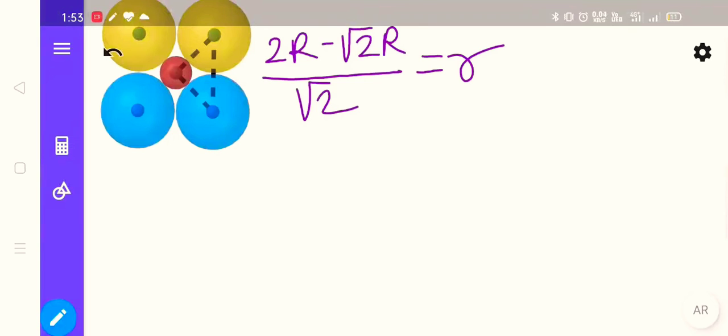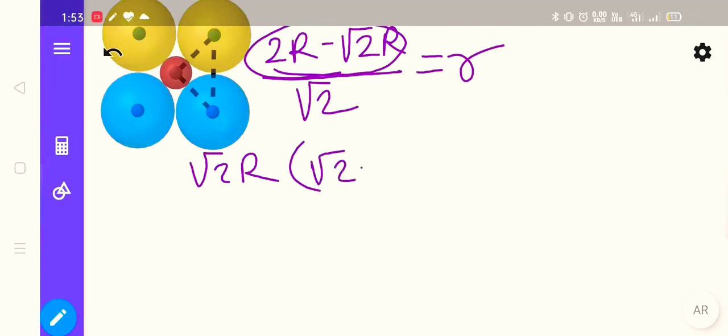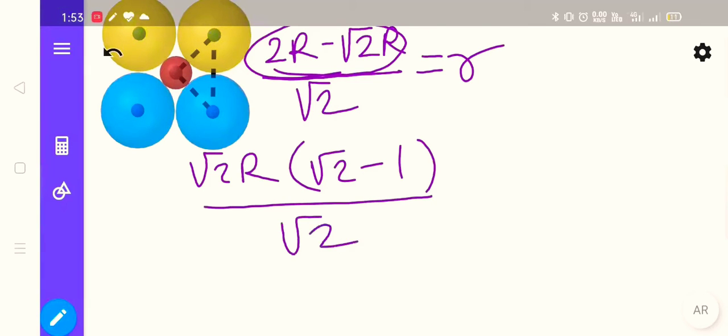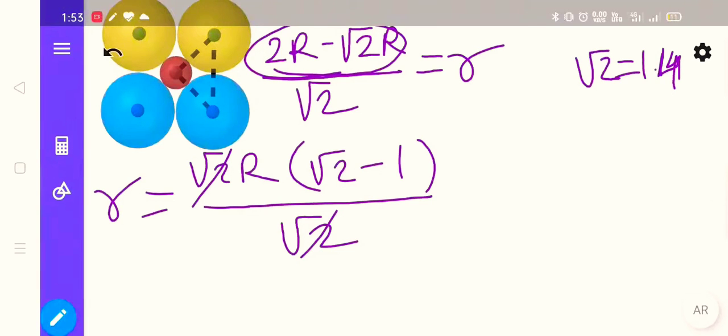Now next step, take root 2 R common, so you will get (root 2 minus 1) inside the bracket divided by root 2, and it is equal to r. Now root 2 will be cancelled out, and root 2 is equal to 1.41. So let us place this value here.